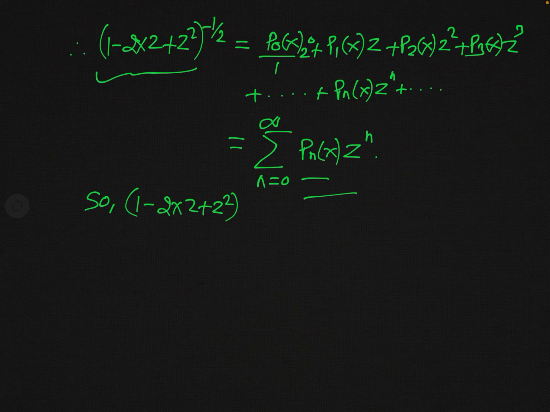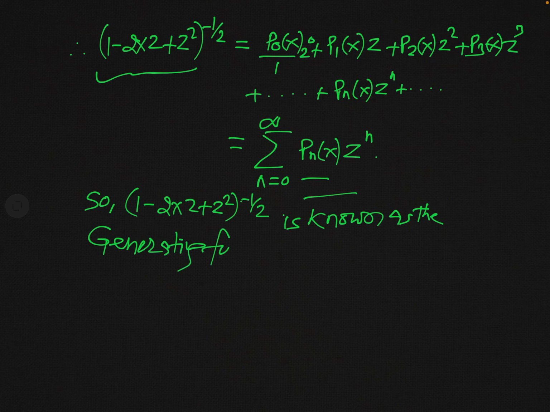So 1 minus 2xz plus z square whole to the power minus half is known as the generating function of Pn of x.